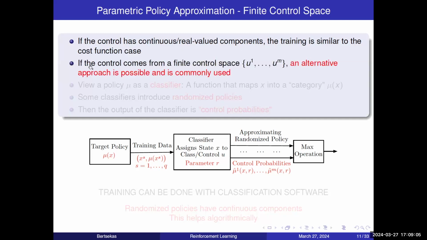On the other hand, if the control comes from a finite control set from u1 to uM, an alternative approach is possible and is also commonly used. That is, we view a policy mu as a classifier. It is a function that maps x, the state, to a category, mu of x.